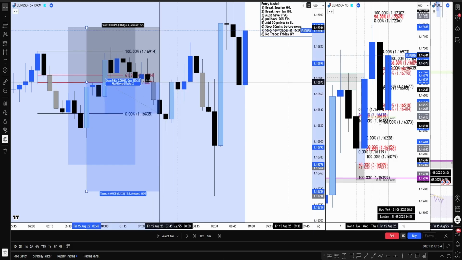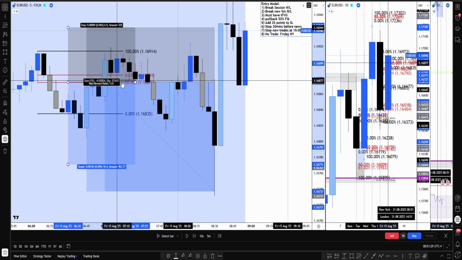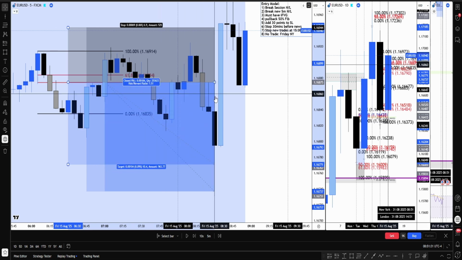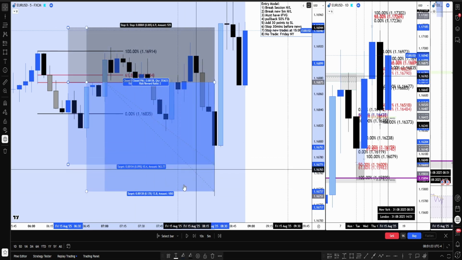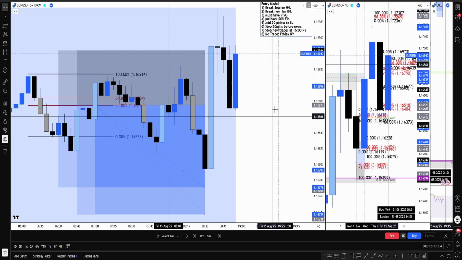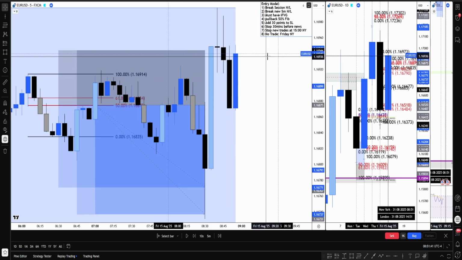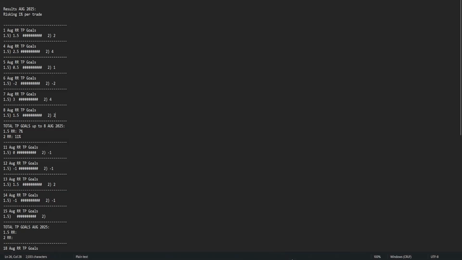You see, we were already in this trade before the news event started, and the news event gave a good amount of volume and pushed the price to our take profit levels. That was very cool. All right, so now let's mark this as a win for the 15th of August.